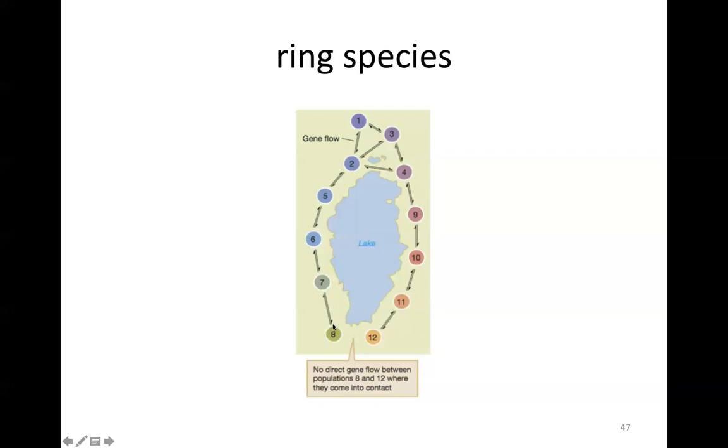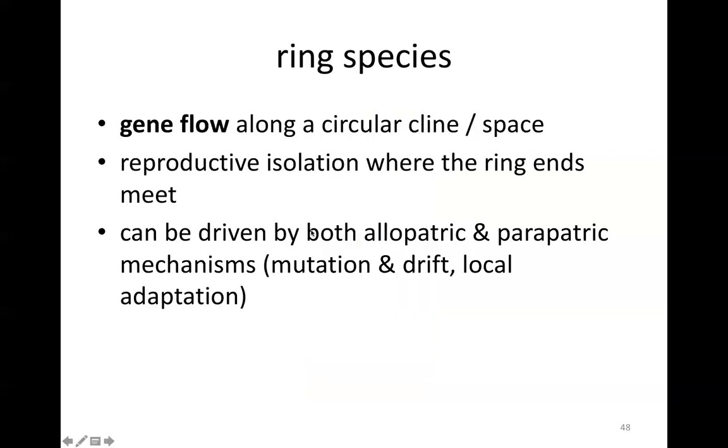And how does this happen? So differentiation is gradual. So 8 exchanges genes with 7, and shares some ancestry, shares some alleles, but not all alleles. And either by drift or selection, differentiation between the two ends becomes too much to allow them to successfully reproduce.